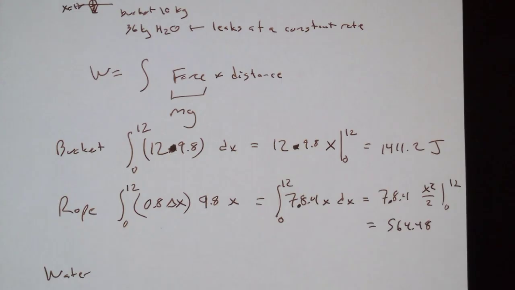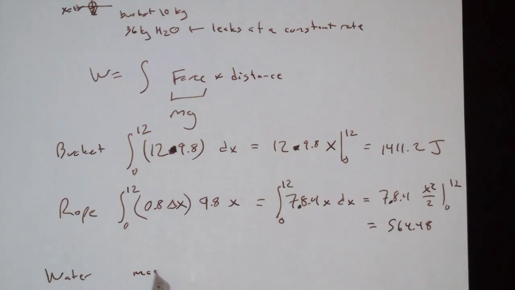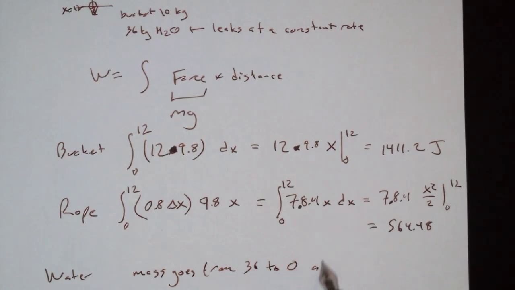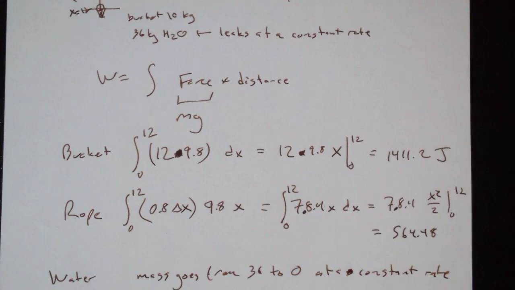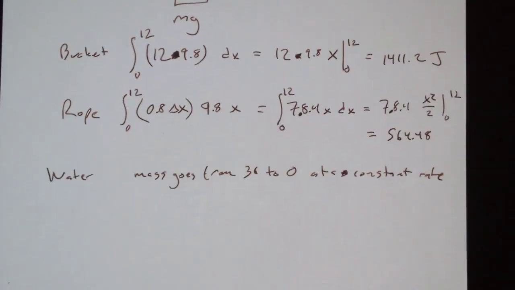I need to figure out how much the water is leaking out, so I know the mass at any given point in time, right? So let's think about this. The mass of water goes from 36 to 0 at a constant rate.